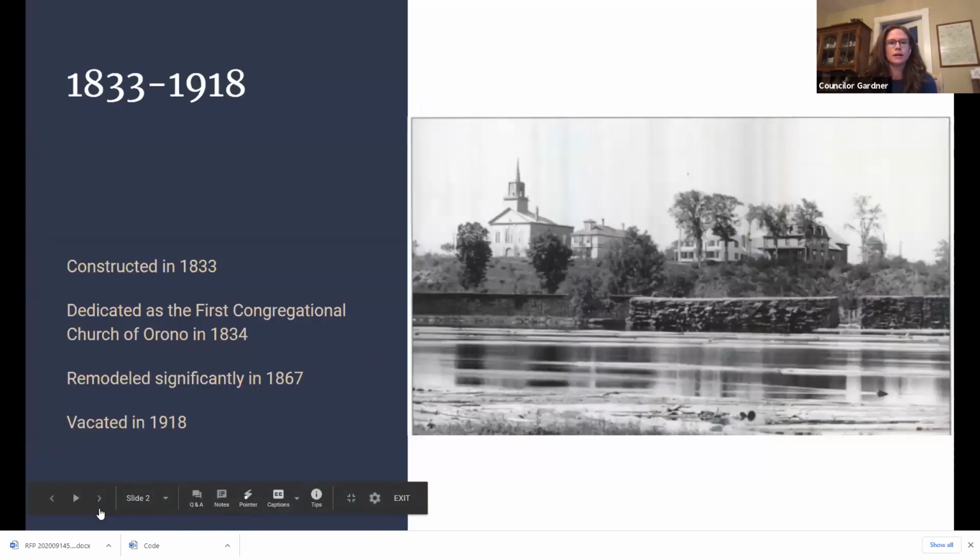Thank you. Okay. So the original building was constructed in 1833 and it was dedicated in 1834. It was built as the first Congregational Church of Orono, which is interesting. When it was remodeled around the time of the Civil War, could you advance the slide again?